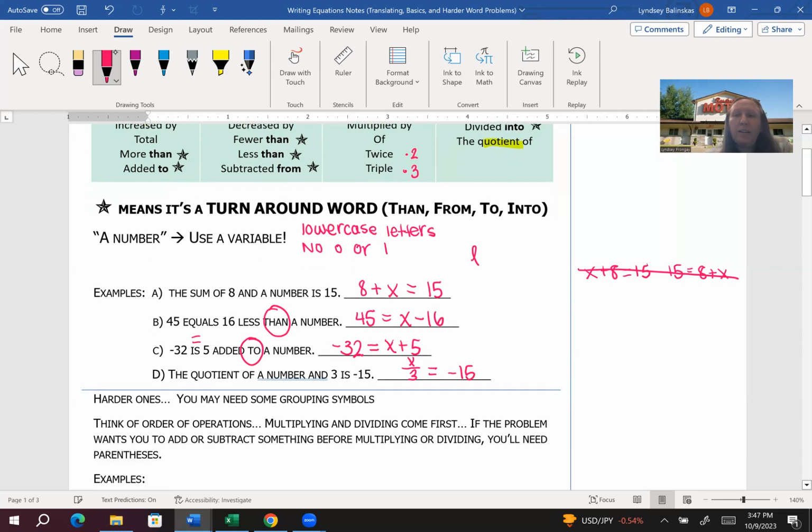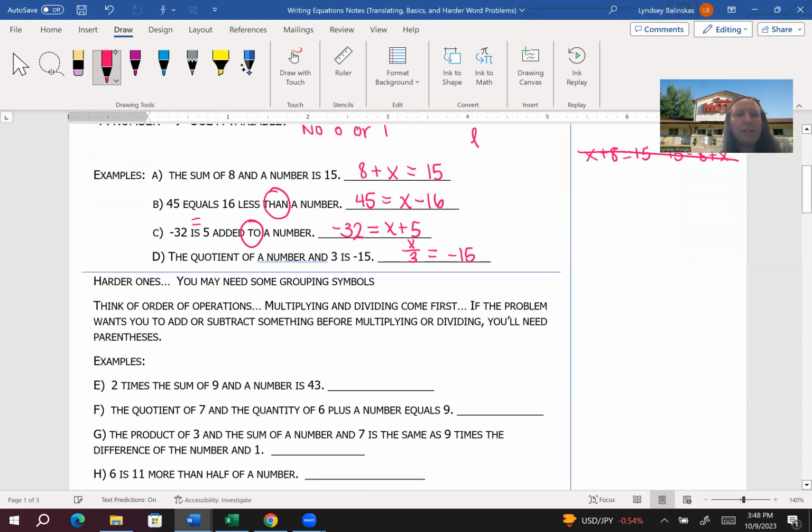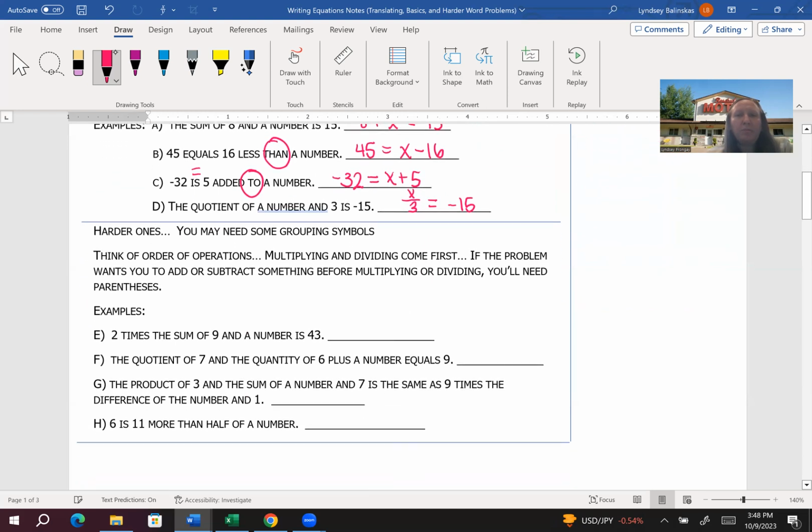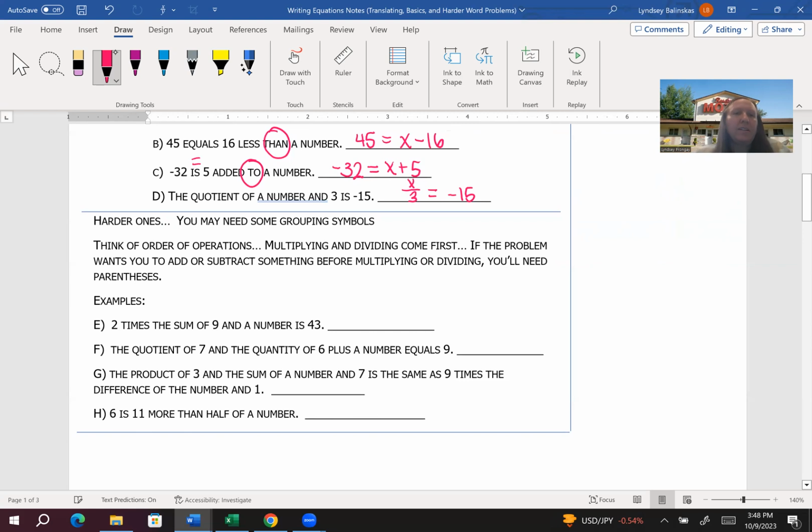Okay, at the bottom, we have some harder ones, where we might need some grouping symbols, meaning some parentheses. Because think of order of operations, PEMDAS. Multiplication and division come before addition and subtraction.